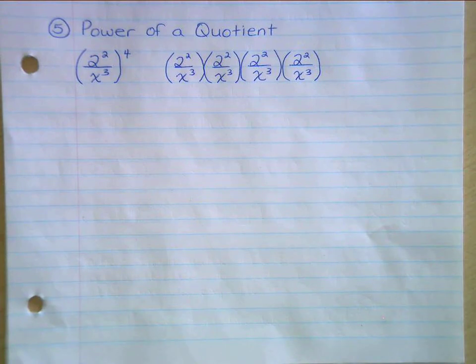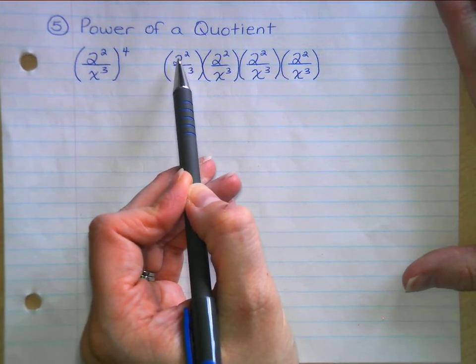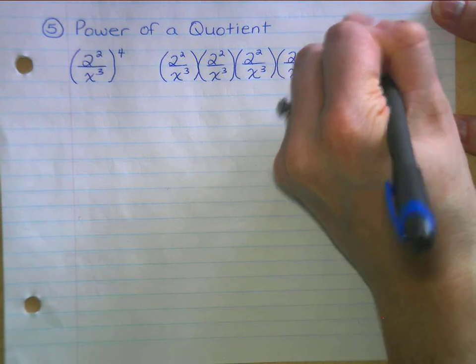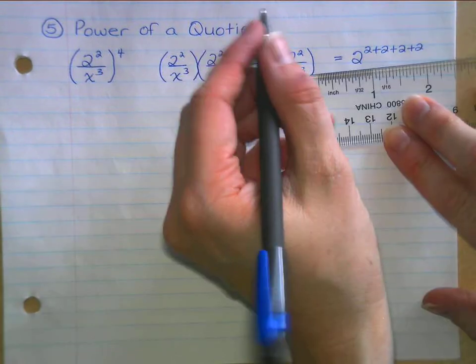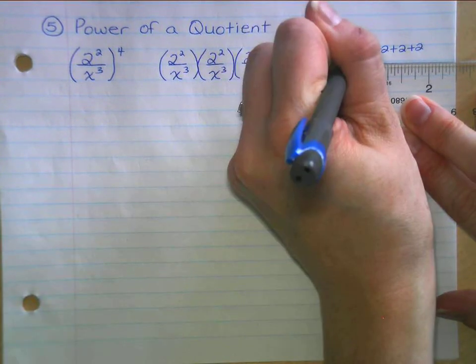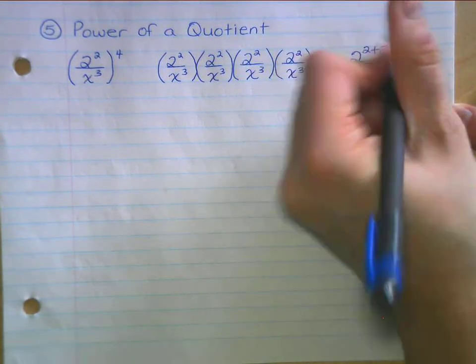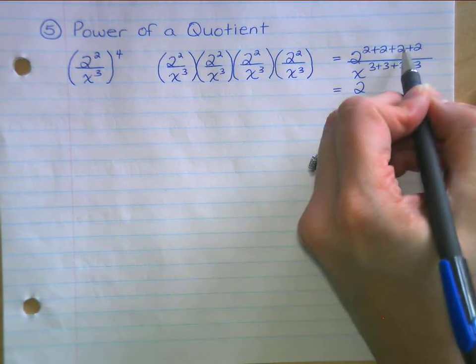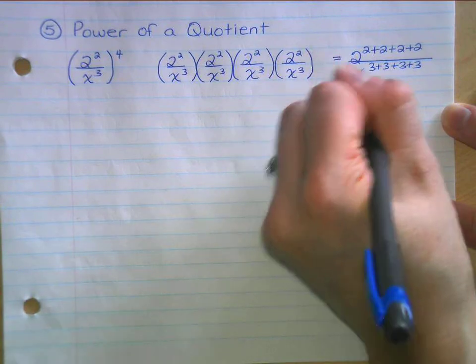So this is just simply the power of a product, right? The first one, the product rule. So product rule means I just add the exponents. So it's going to be 2 to the 2 plus 2 plus 2 plus 2, all divided by x to the 3 plus 3 plus 3 plus 3. So we've got 2 to the 2, 4, 6, 8, and x to the 12.